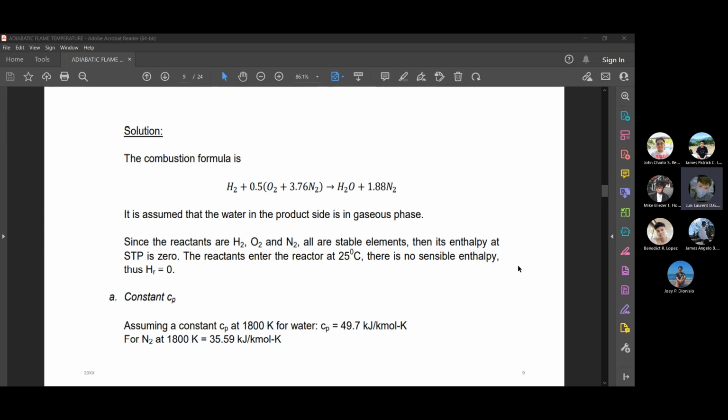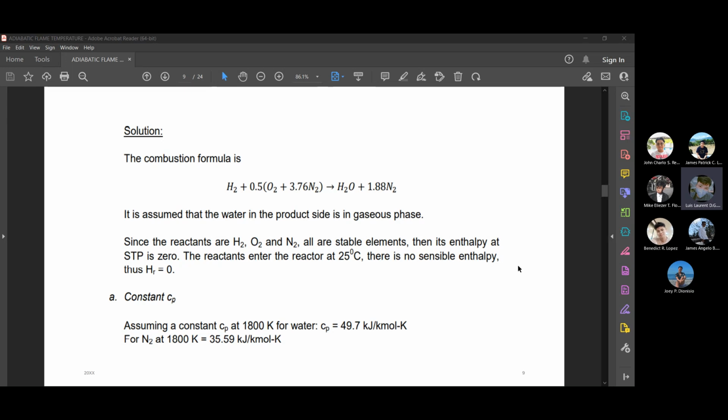So now we're going to calculate the constant specific heat. Assuming a constant specific heat at 1800 Kelvin, for water the specific heat is equal to 49.7 kilojoule per kilomole Kelvin. For nitrogen at 1800 Kelvin it is equal to 35.59 kilojoule per kilomole Kelvin.